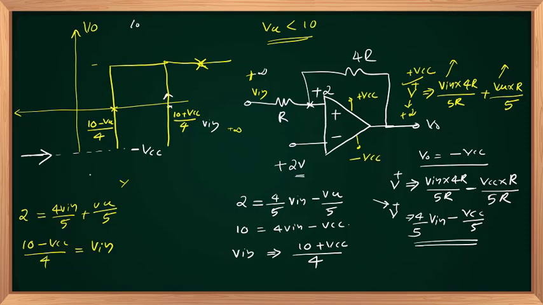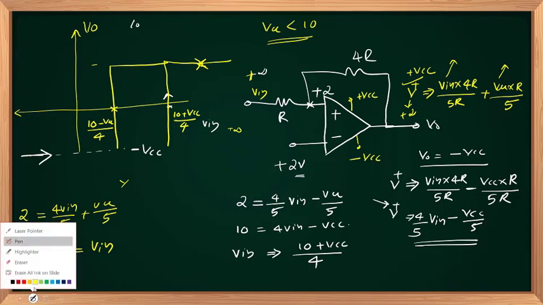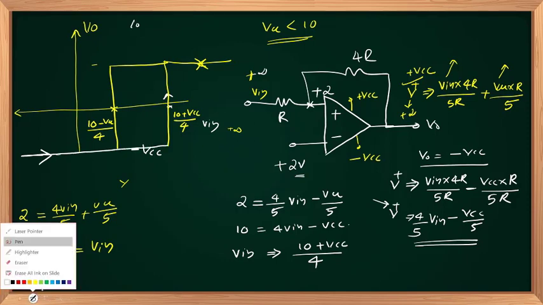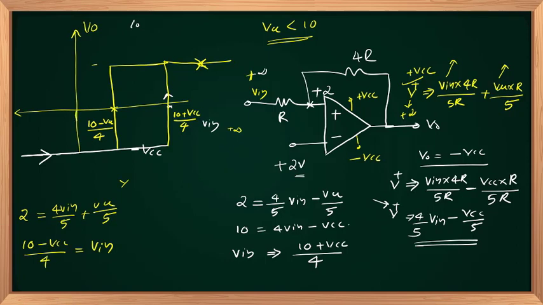And there was a right arrow here, right arrow here, right arrow here. I will extend my y-axis to here, right? And this is my minus VCC point, right? There was a right arrow, up arrow, left arrow, down arrow, bidirectional arrow. So I have a bidirectional arrow here, here, down arrow.